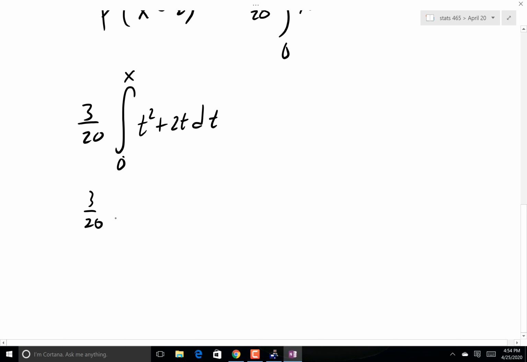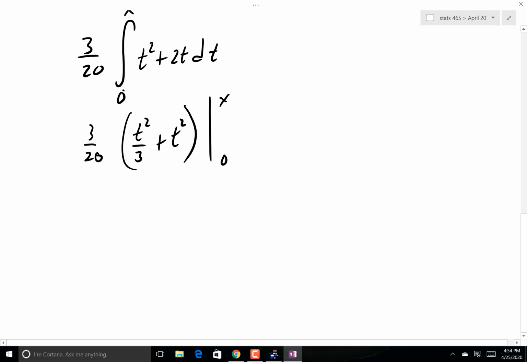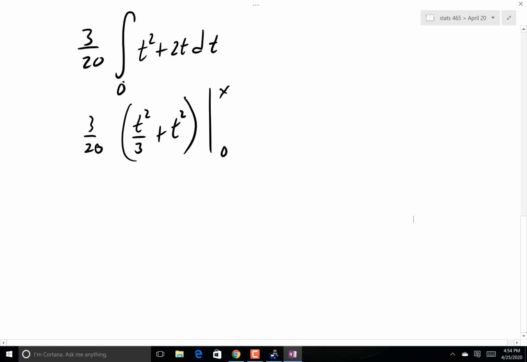If you were to integrate this, you'd end up with t cubed over 3, plus t squared, from 0 to x. Now, this is pretty cool because when you plug that in, you get 3/20ths times x cubed over 3 plus x squared minus 0.